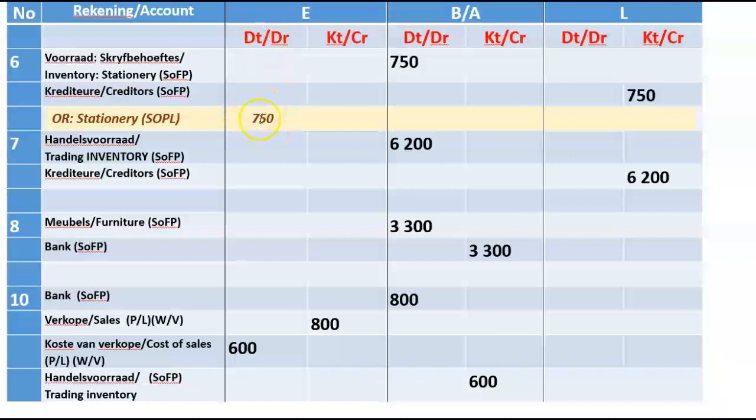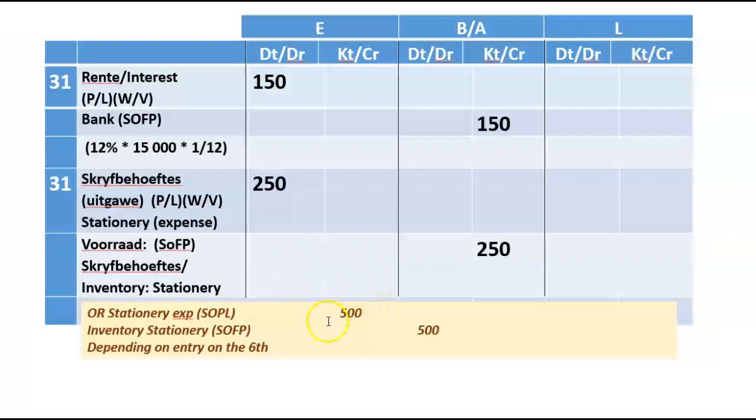So if you follow this route, you are now going to credit your equity with 250 Rand, or with 500 Rand, sorry, to show an expense of 250 Rand, and then you would have debited your asset account with the amount for inventory on hand at the end of the month. So stationery equity, you would have credited then with 500 Rand and you would have debited an asset account with 500 Rand.